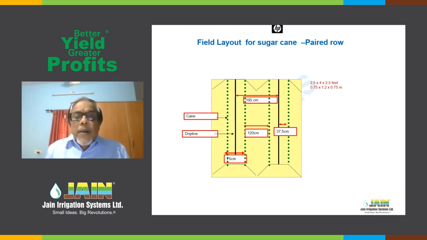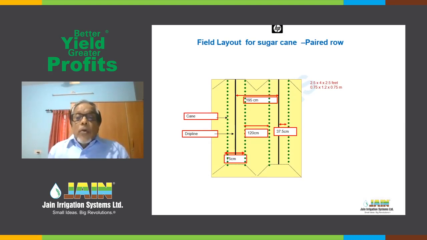So here the two rows act as a unit per lateral. And the laterals can be 195 centimeters if the pair to pair is 120. But there are many places where you can increase the pair to pair spacing based on the soil type and the productivity of the soil, which has been done.